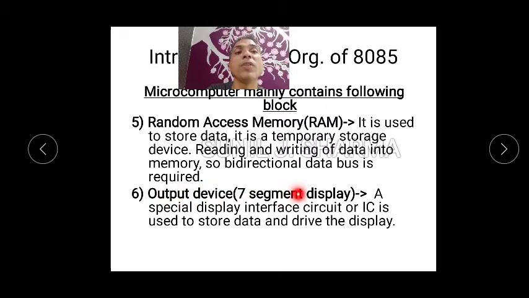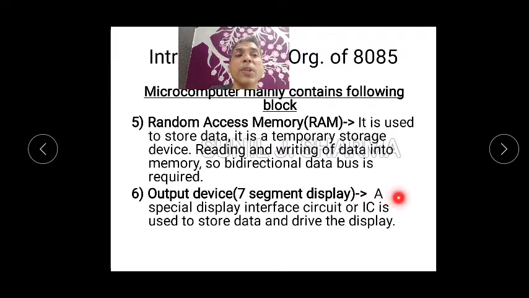Then we have output devices, that is only 7 segment display. Okay, we don't have a monitor here. We have, as I showed you, 7 segment displays, or you can say digital displays. A special display interface circuit, or IC, that is integrated circuit, is used to store the data and drive the display.